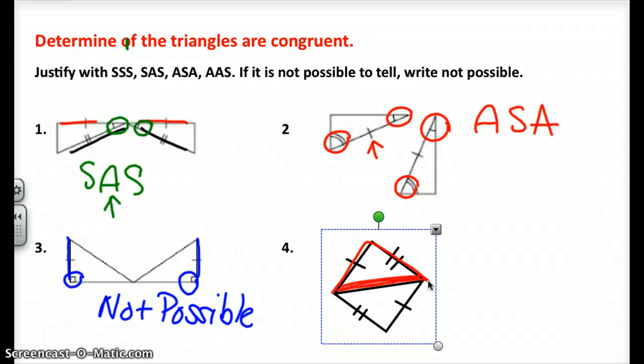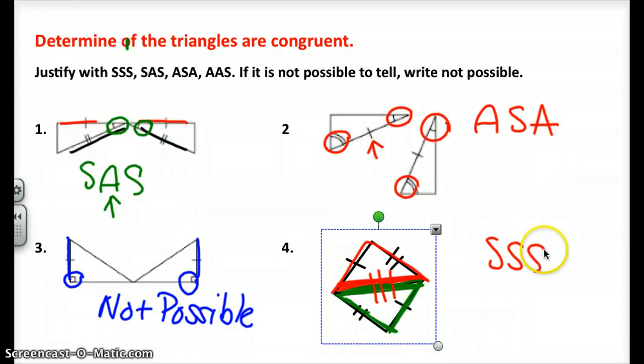Now that red line right there is shared with this line in the bottom triangle. Do you see that this green line and this red line are shared? They're the same length. So even though they're not marked, they are going to be congruent. So I'm going to add that congruent marking. So now I have all three sides being marked congruent. It's SSS.